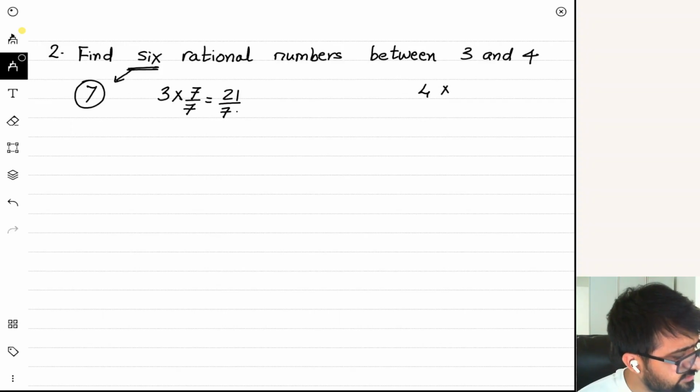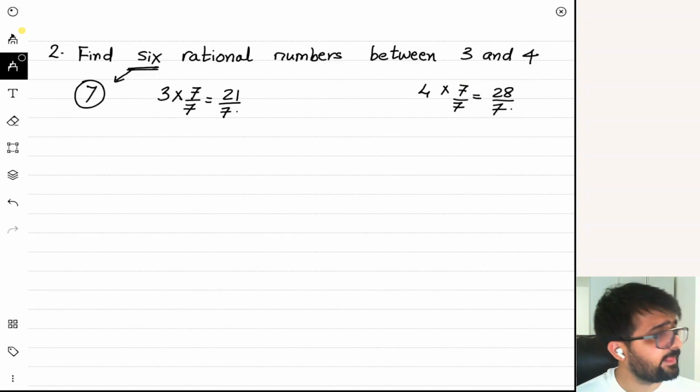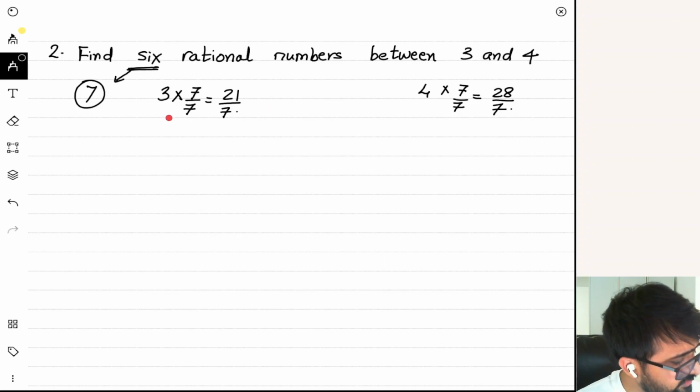Do the same thing here, 7 over 7, so 28 over 7. So now basically that 3 can be written as 21 over 7, and that 4 can be written as 28 over 7.